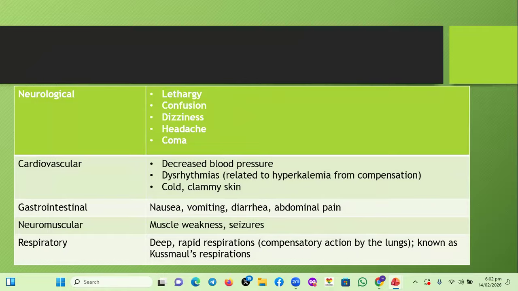So the findings in terms of neuro, the person is going to experience lethargy, confusion, dizziness, headache, and then coma, right? Then cardiovascular, there's going to be decreased blood pressure. There's also going to be dysrhythmia as a result of the excess potassium ion that has to come in order to control the acidosis.